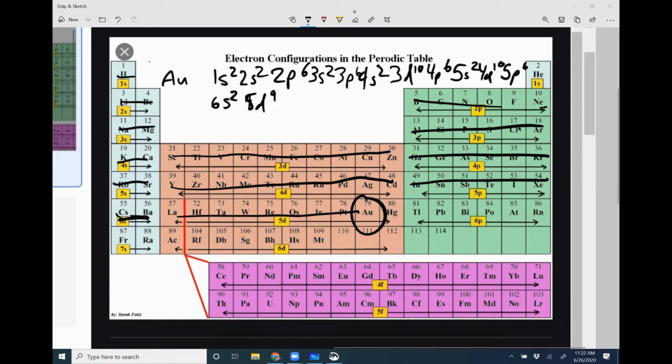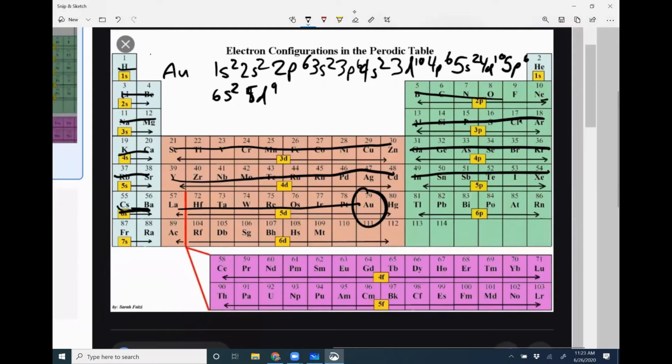Because look at the way we counted: 57 down there, then jumped to 72. Where's 58 through 71? The answer is, it's down here. So instead of writing 5d, we write 4f. There are 14 in the f block, so we write 14, and then we write 5d9.